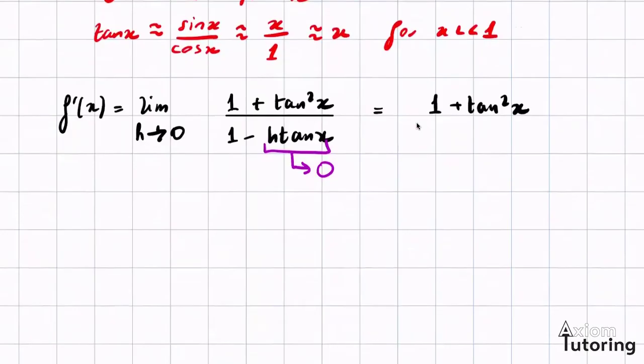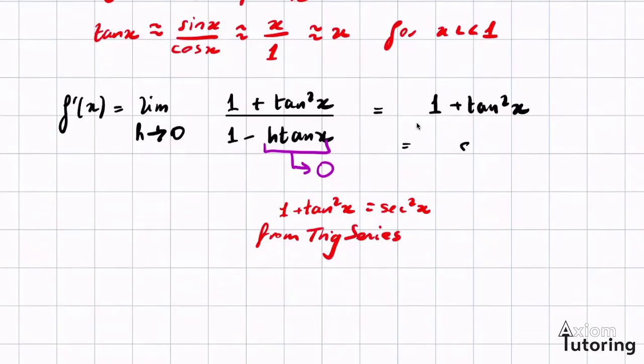But if we think back to one of our first trig videos, we know that 1 plus tan squared x is actually equal to sec squared x, from our trig series. So 1 plus tan squared x equals sec squared x, which you can also write as 1 over cos squared x, because it's one of our reciprocal trig functions.